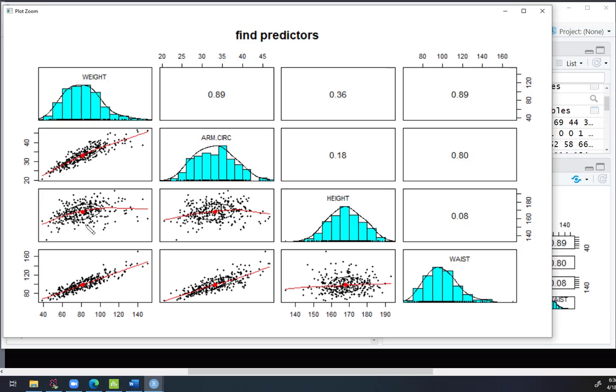Well, you recognize these as scatter diagrams. This would be a scatter diagram of weight and arm circumference. And I see that this scatter diagram suggests a linear pattern, probably fairly strong. Now, there is something called a correlation ellipse that's drawn in this pattern.